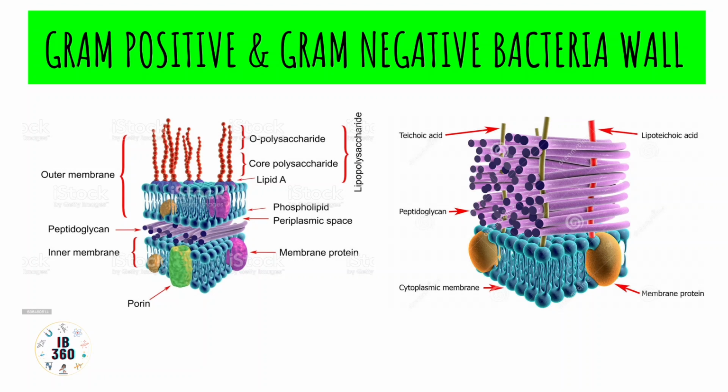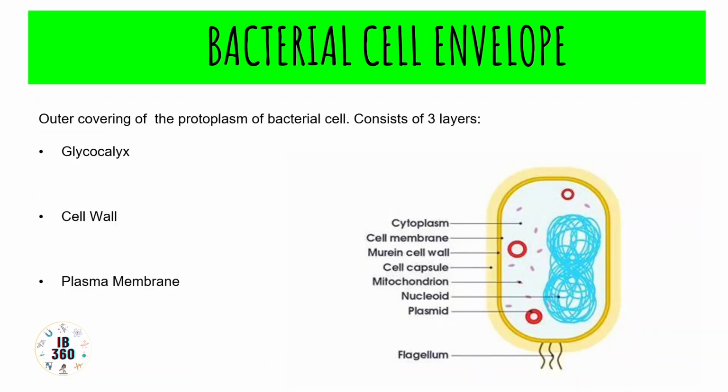Before understanding gram-positive and gram-negative bacteria, we must know something about the bacterial cell envelope, which is the outer covering of the protoplasm of the bacterial cell, and it consists of three layers: the glycocalyx, cell wall, and plasma membrane. So glycocalyx is the outermost of them all, as you can see, and its job is mainly pertaining to secondary functions.